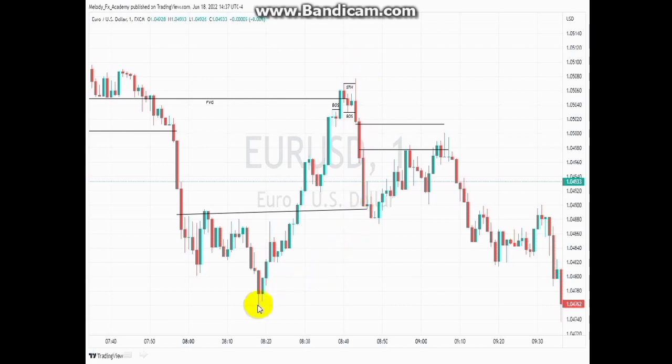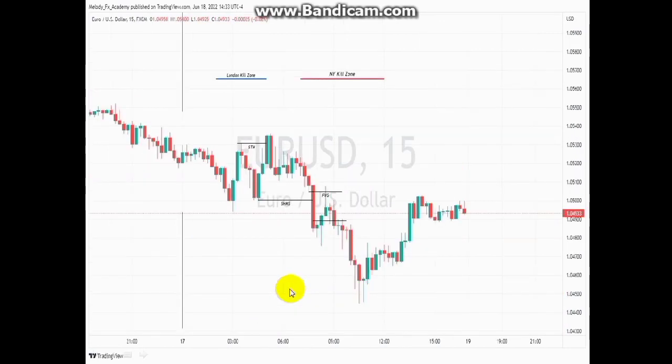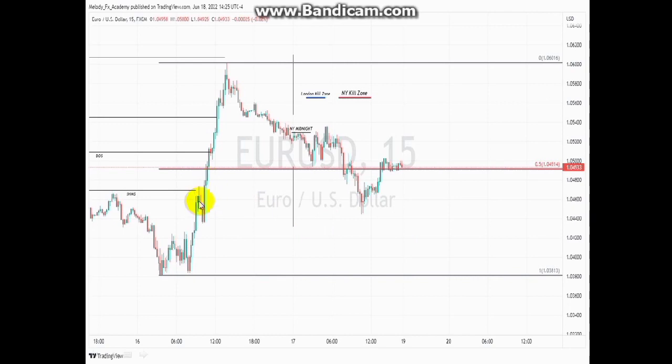My target was this low, and for partials was this low. I took out my first partials, then I aimed for this fair value gap right there. The mean threshold of this fair value gap was where I exited the trade.